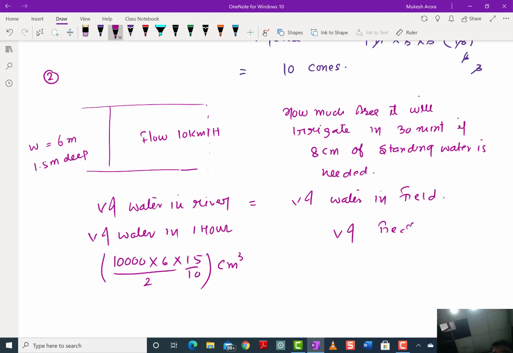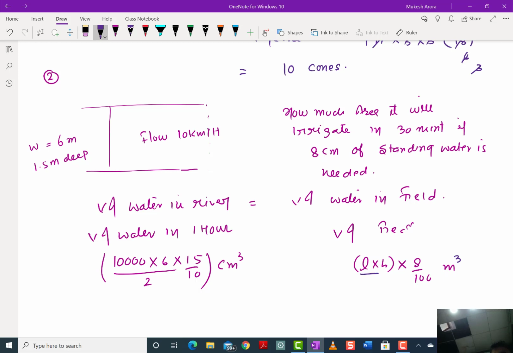Volume of field is length into width into 8 by 100 meter cube.